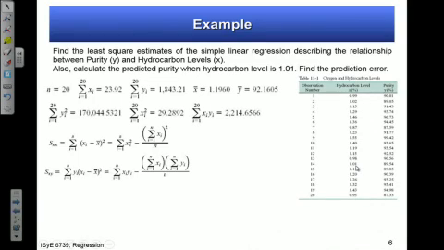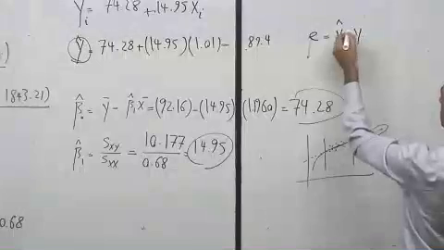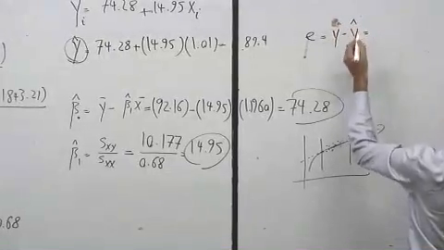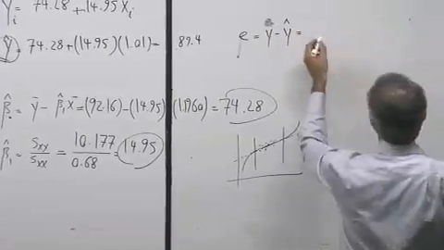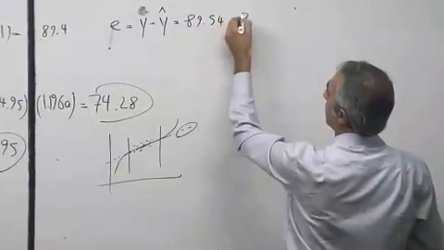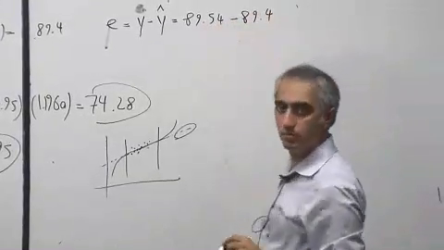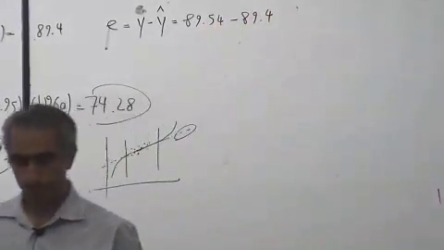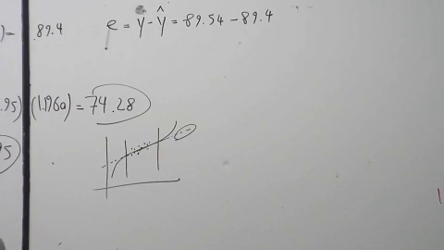Yeah, I can say the prediction error is e, y hat minus y, or y minus y hat, that's better. Which is 89.54 minus 89.4. That's the prediction error. Any other questions? Good? Okay.